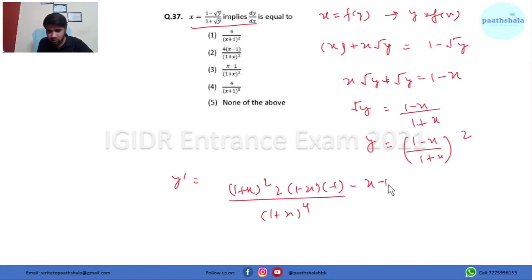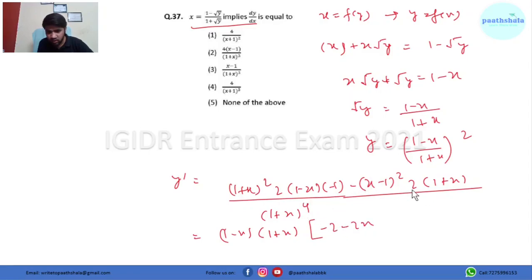Now (x minus 1) whole square, and when you differentiate (1 plus x) whole square, this comes out to be 2(1 plus x). Okay, now you can take (1 minus x) and (1 plus x) as common, and in the bracket we will get minus 2 minus 2x, and here we get minus 2x plus 2.